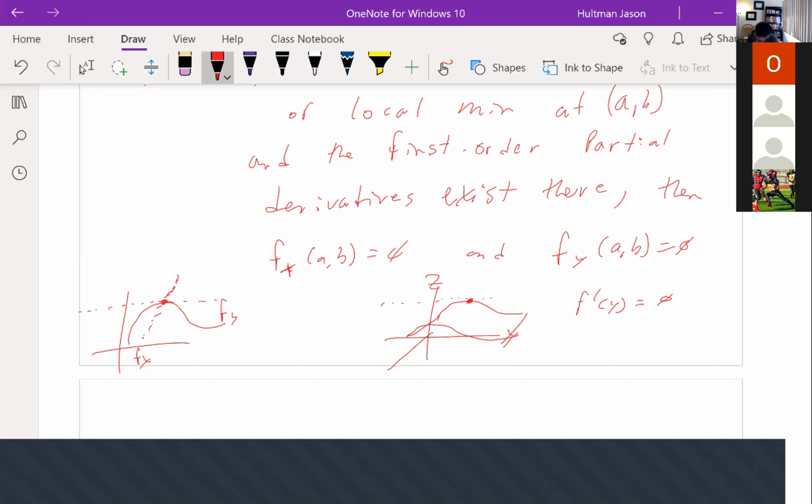And you'd be like, oh, well, now where is this maximum occurring? Well, it occurs along this, where we could have some maximum value. And so you're like, oh, well, this is f sub x of (x, y) is equal to 0, and f sub y of (x, y) is also equal to 0.